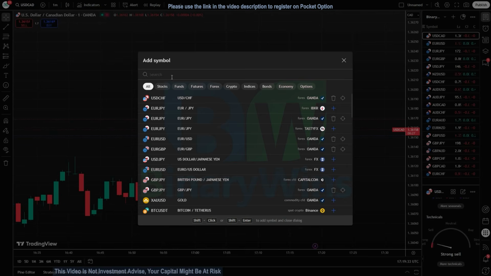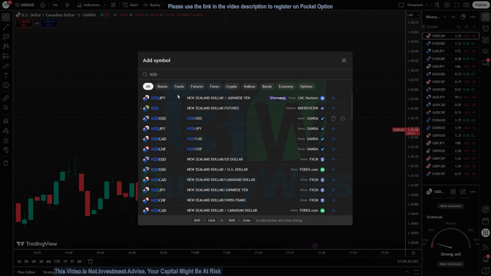For example, I want to add NZD/USD to my list. Before doing this, pay attention to one important point. As you can see, for each currency pair there are a lot of references.